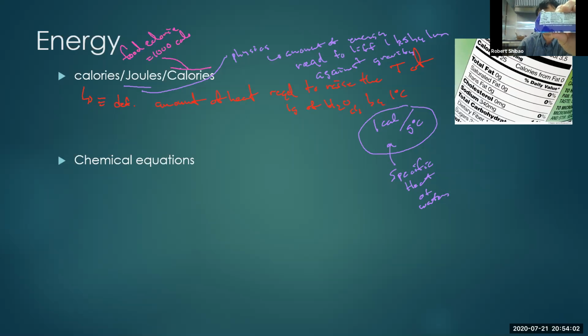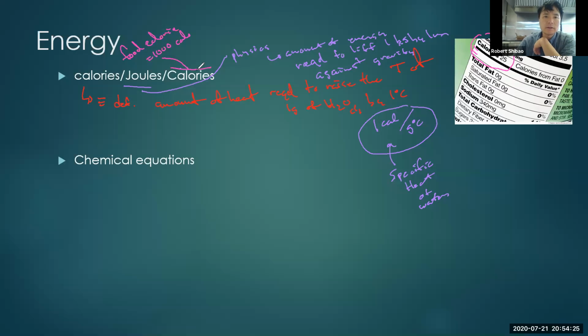I don't know if you guys can see this here, but you'll see it here. If you take a look at this, that's a capital C. And so really that's 25,000 calories, but they dropped the 1,000.